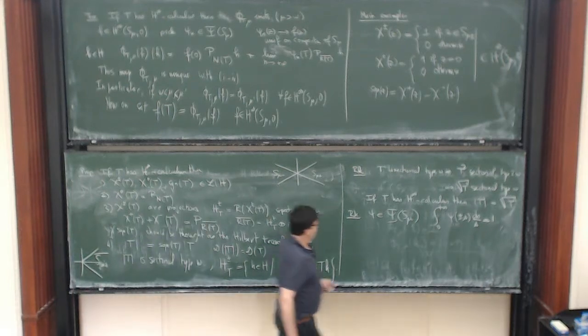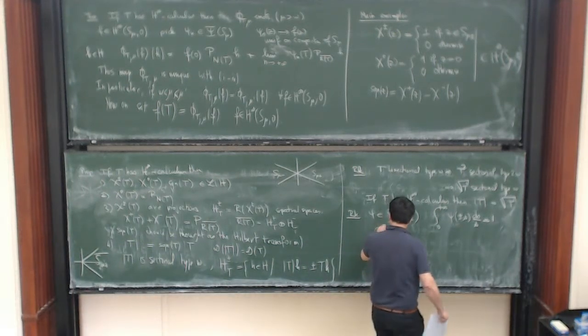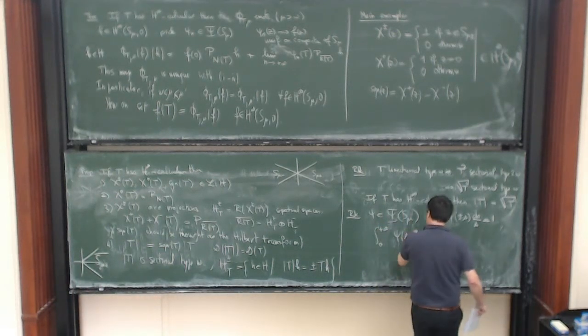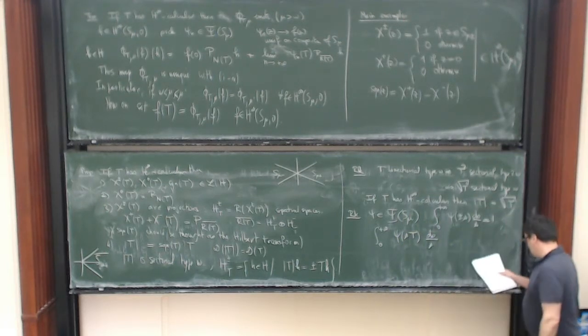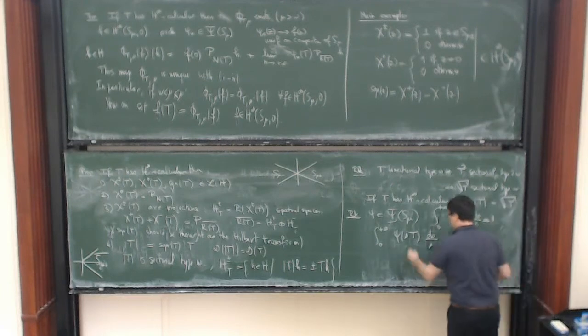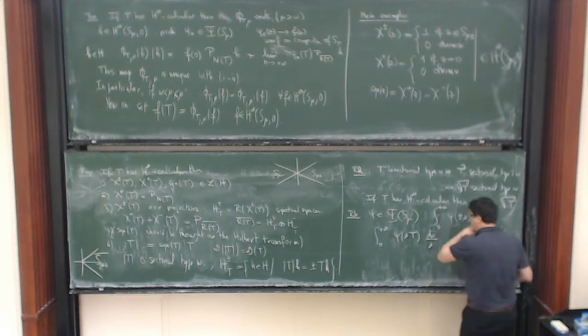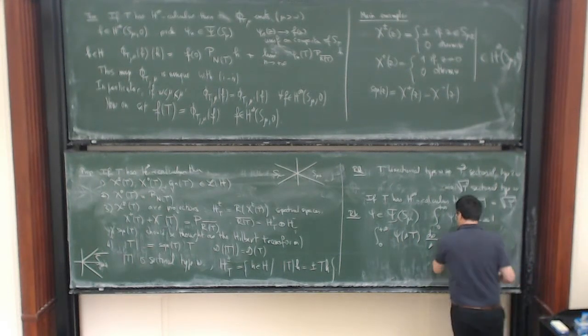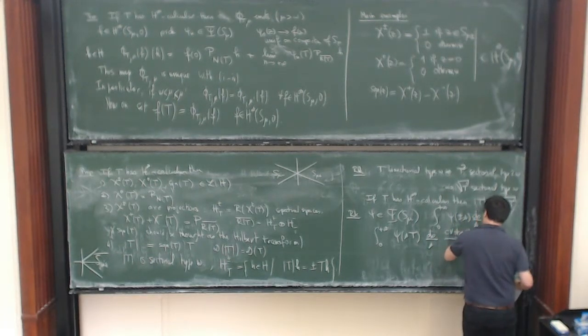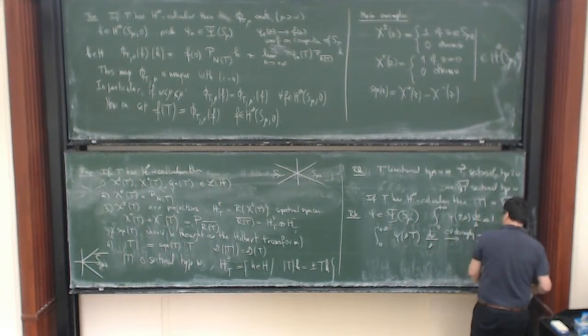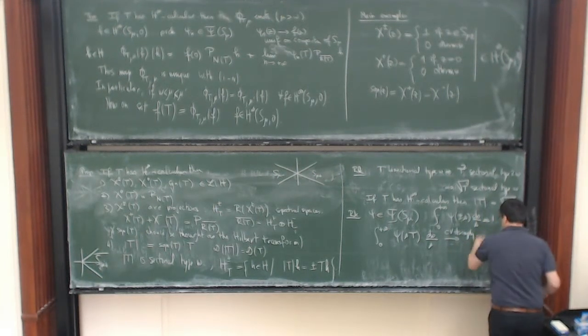Then you can create this operator, and this operator will be defined in the strong sense, so it converges strongly, not to the identity, but to the projection on the range.